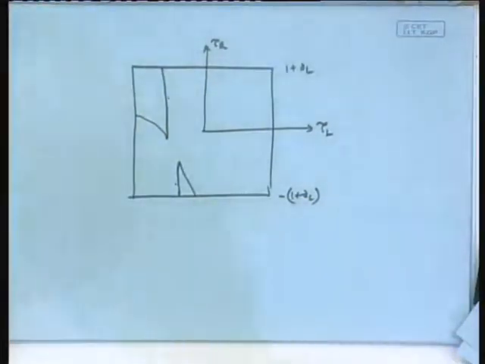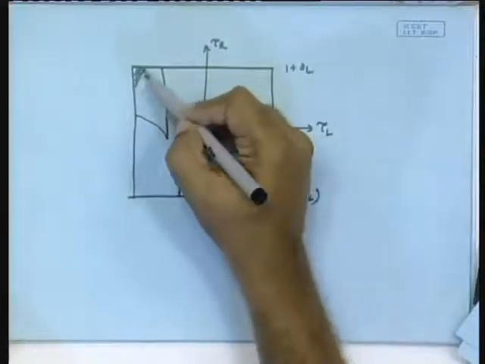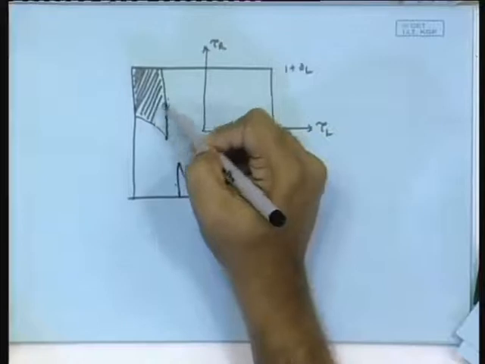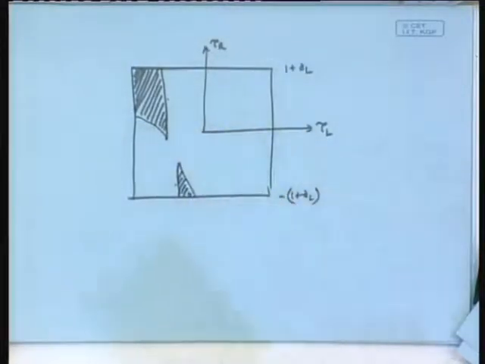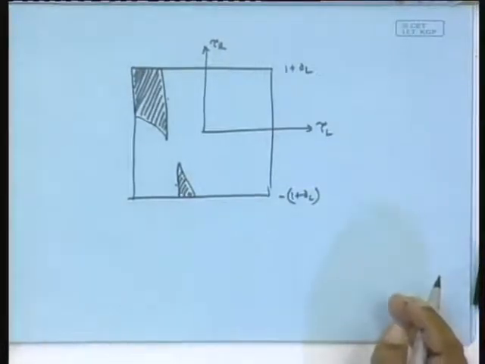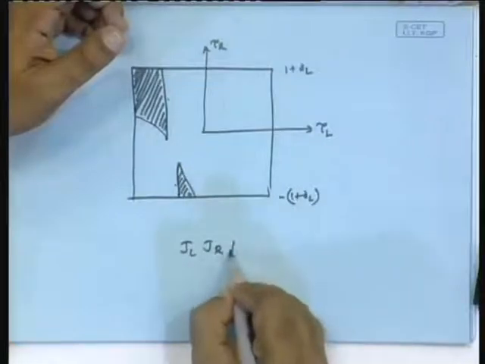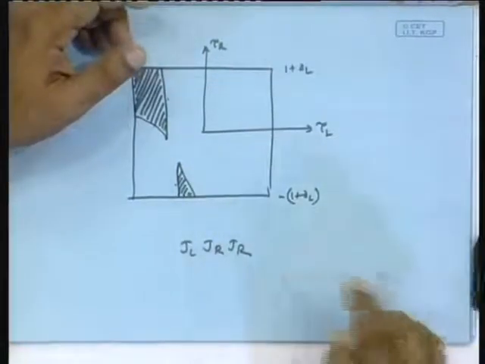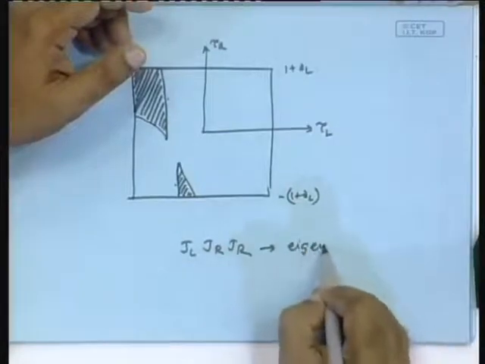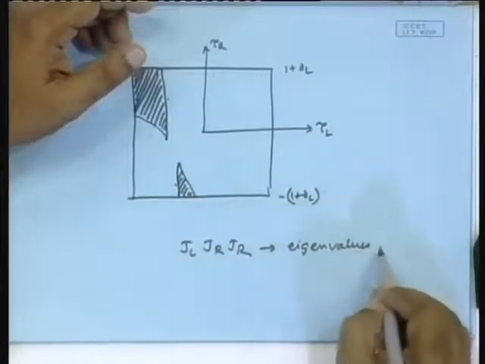So, you can say that fine, I have understood that the LRR orbit will occur in this parameter range. Good. Will it be stable? Well, the stability condition is a bit different. How do you obtain it? The stability condition is that the Jacobian of the left hand side times the Jacobian of the right hand side times the Jacobian of the right hand side, so JL, JR, JR, its eigenvalues should be less than 1.